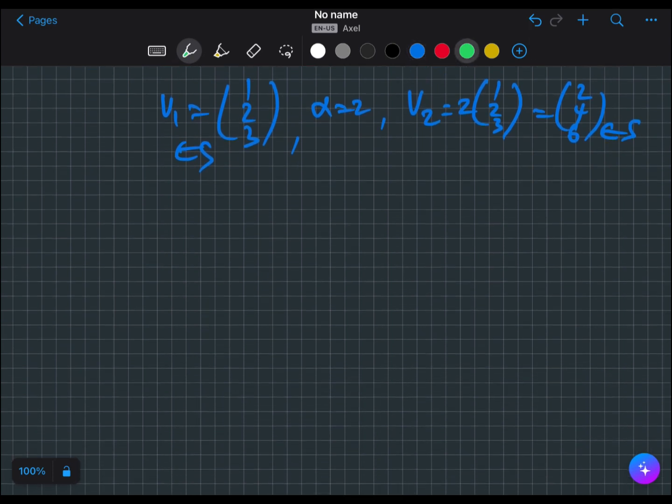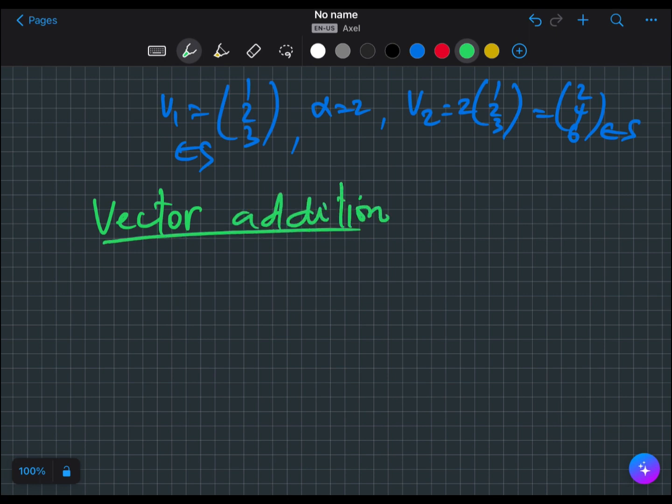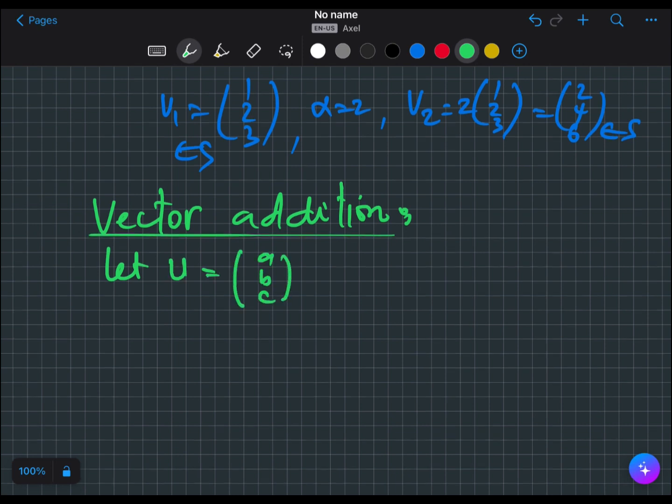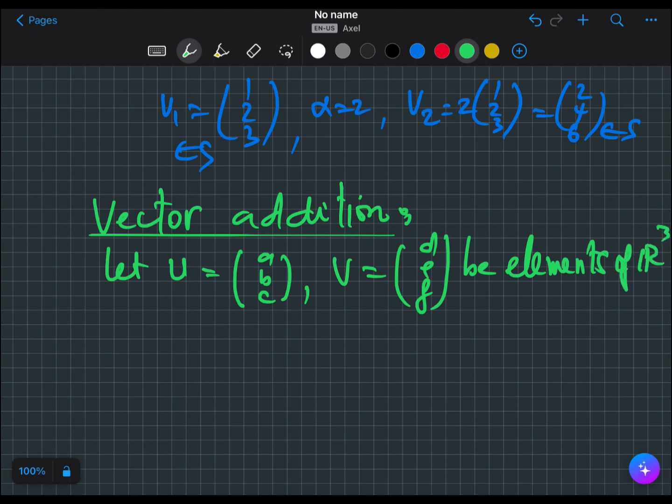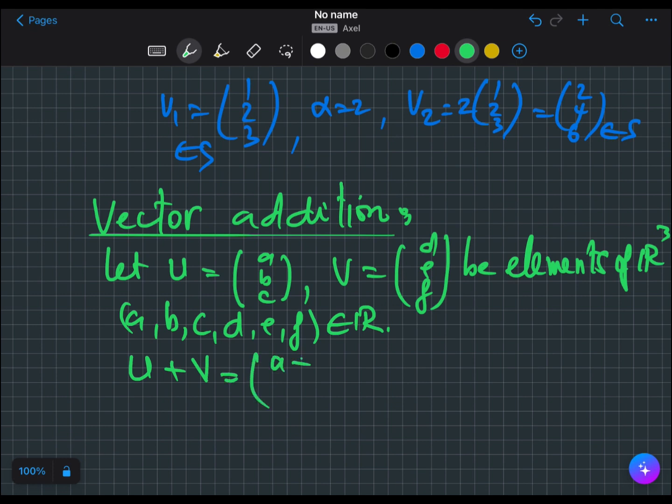Okay, so if we look at vector addition, let U equal A, B, C, and V equal D, E, F, be elements of R3, where A, B, C, D, E, F are elements of R. U plus V equals A plus D, B plus E, C plus F, which belongs to R3.